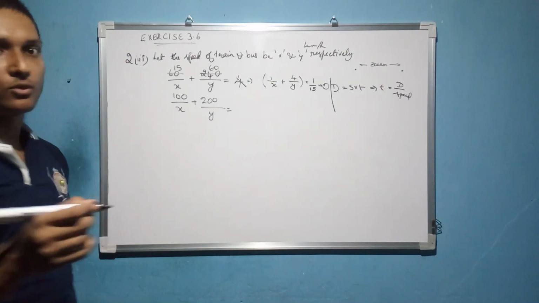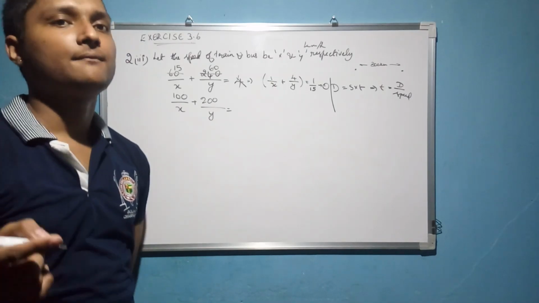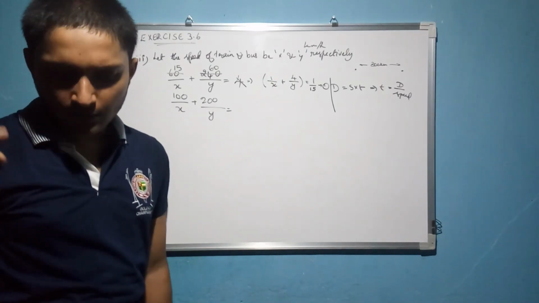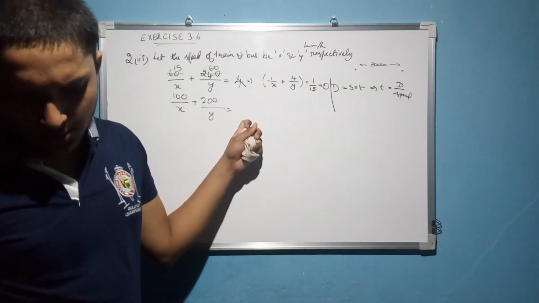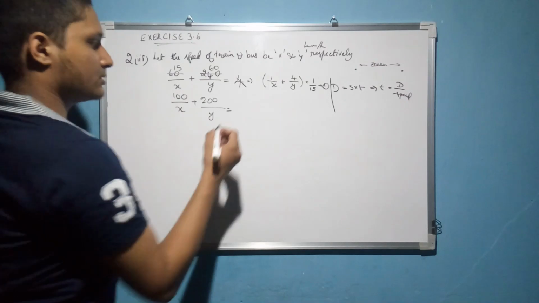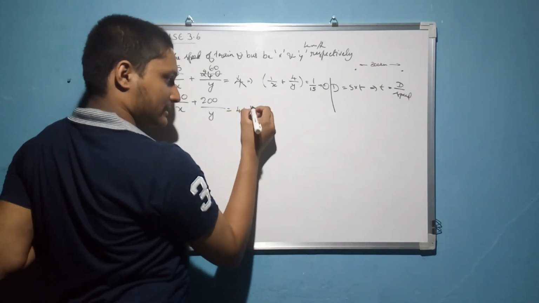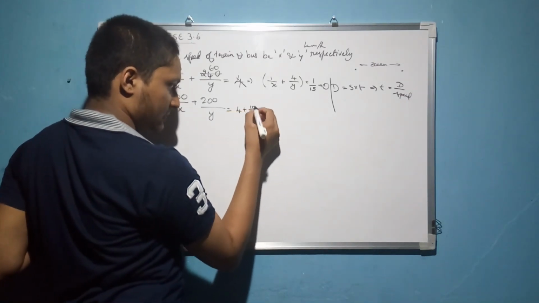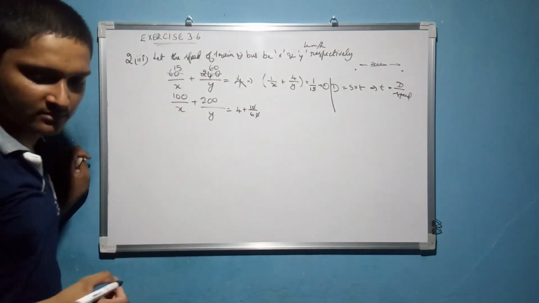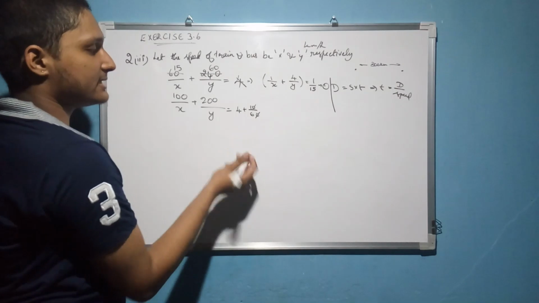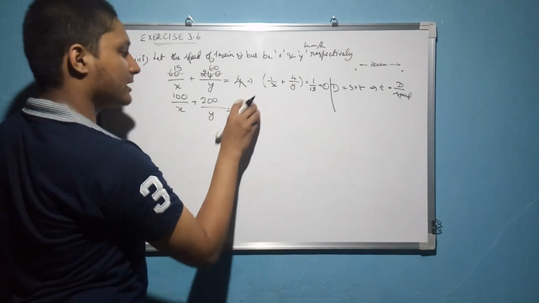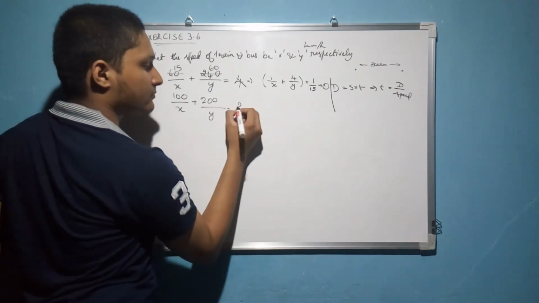She is going to take 10 minutes longer, 10 out of 60, so you need to convert it into hours. So 4 plus 10 by 60, or 1 by 6. We'll take the LCM, that is 4 plus 1 by 6, 24 plus 1, you are going to get 25 by 6.